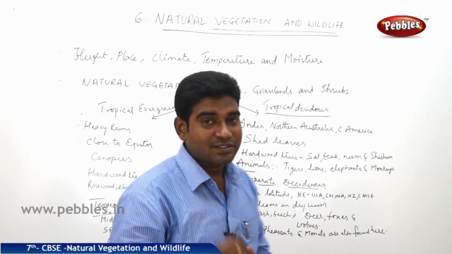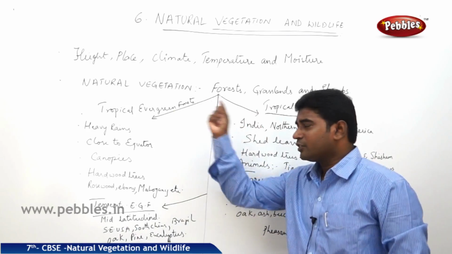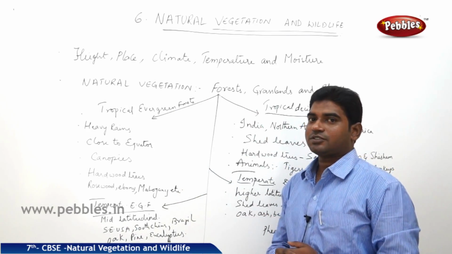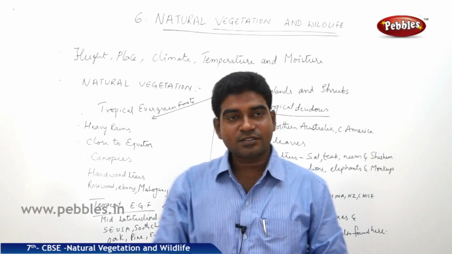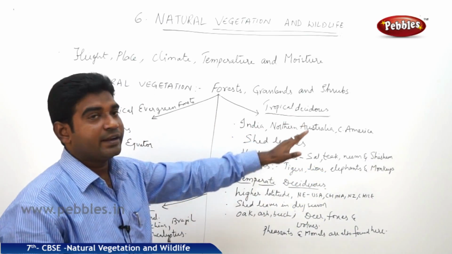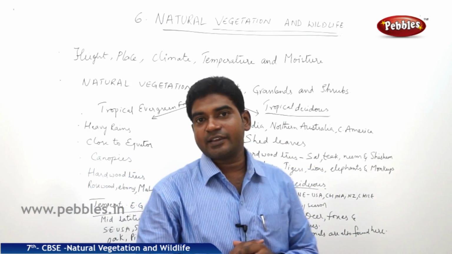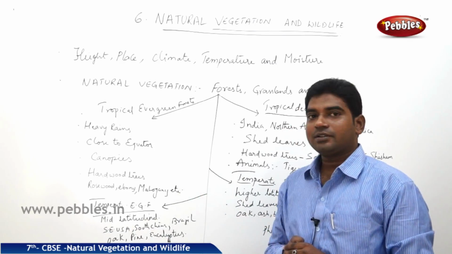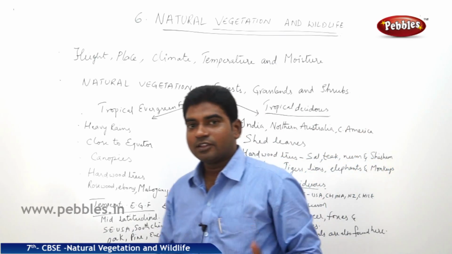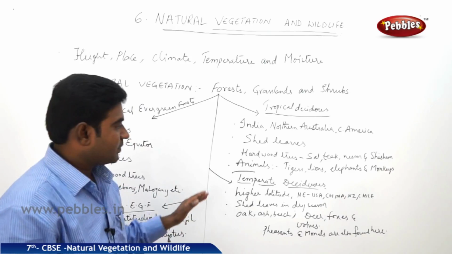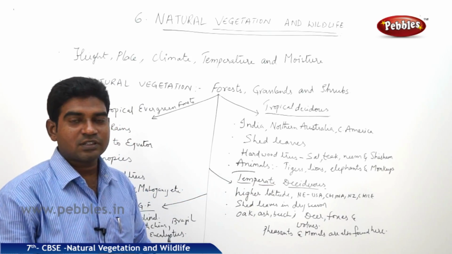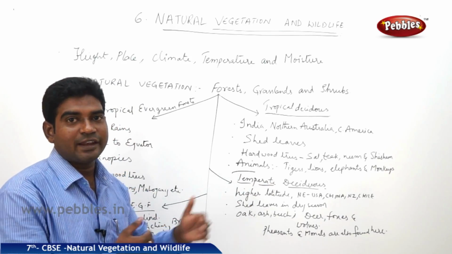The first category is the tropical evergreen forest. The second category is the tropical deciduous forest. The third category, temperate evergreen forest. And the fourth category is temperate deciduous forest. The rest of the two we will discuss in the later part.